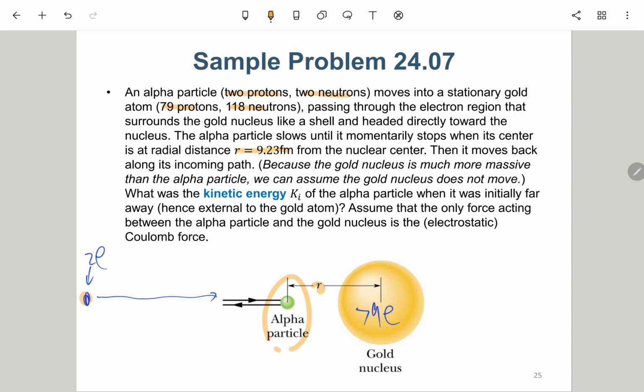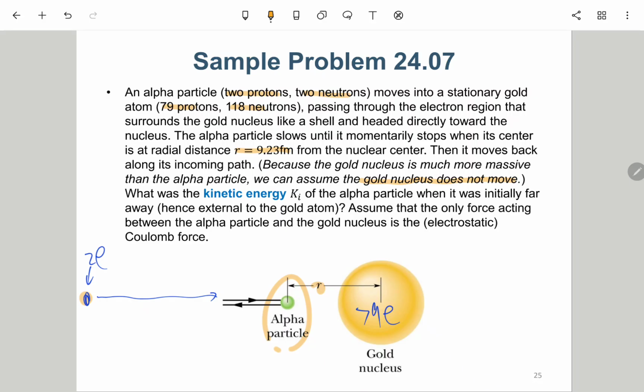Okay, so because the gold nucleus is much more massive than the alpha particle, we can also assume that the gold nucleus does not move. Yeah, because it also needs to satisfy something like the conservation of momentum, but we just ignore the movement of the gold nucleus because it is much heavier.